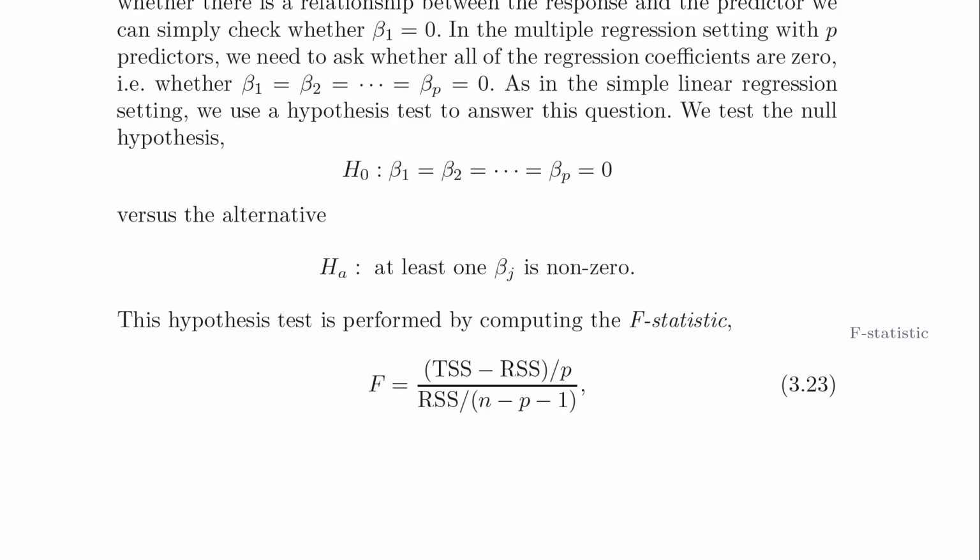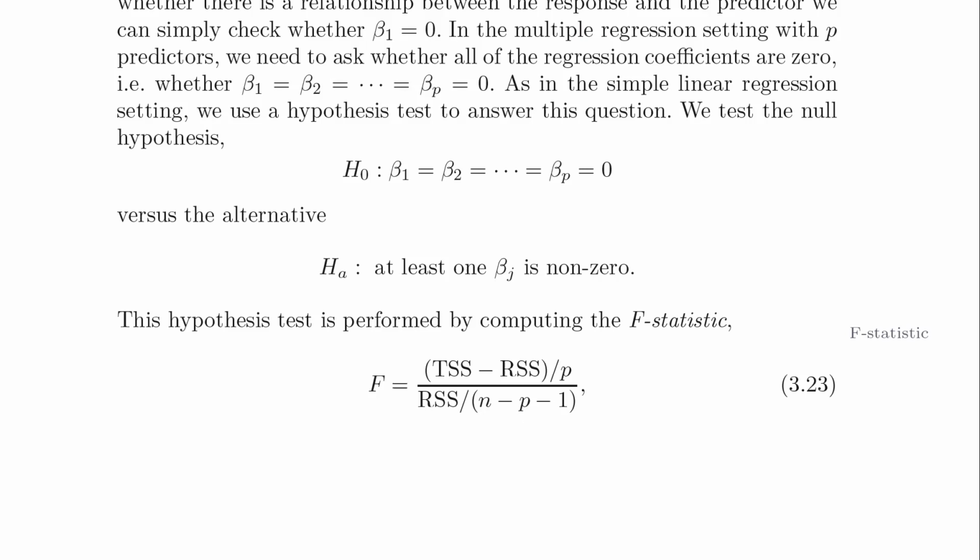What's the calculation? It is the difference between, we just have to double check what TSS refers to, it's defined in the previous pages, the difference between TSS minus RSS scaled by p, divided by RSS scaled by n minus p minus 1.